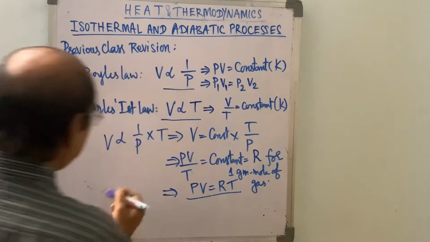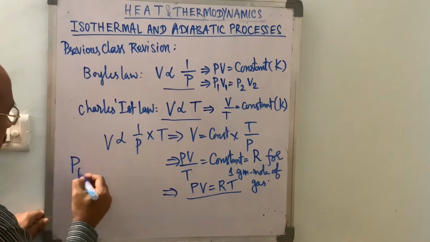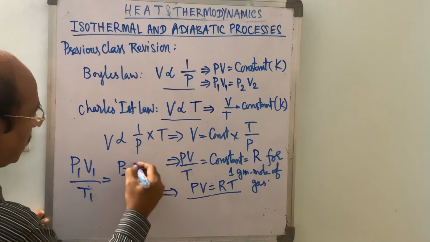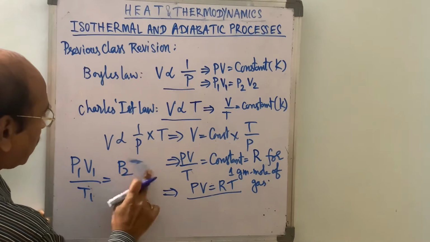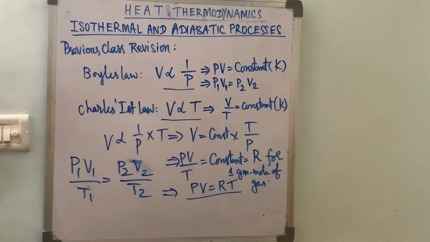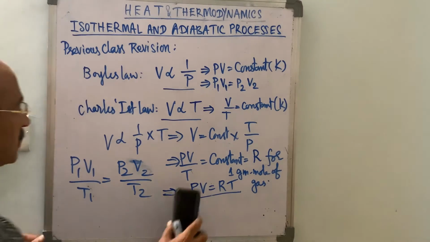And in another method, the ideal gas equation is also derived as P1 V1 by T1 equals P2 V2 by T2. So in terms of density, this equation is written as follows.